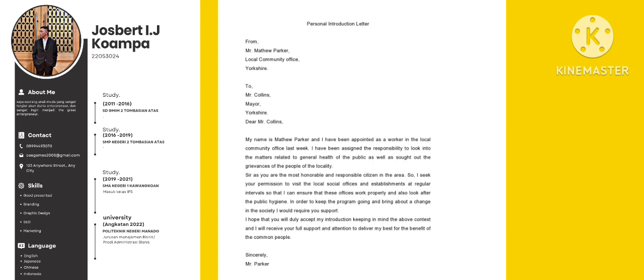Things to avoid in a personal letter: first is information that is too personal or confidential; two, rude or disrespectful, hurtful language; three, content that may be offensive; four, unsolicited judgment or criticism; five, irrelevant or too long details; six, material that violates the law or ethics; and last, seven, misleading or inaccurate information.